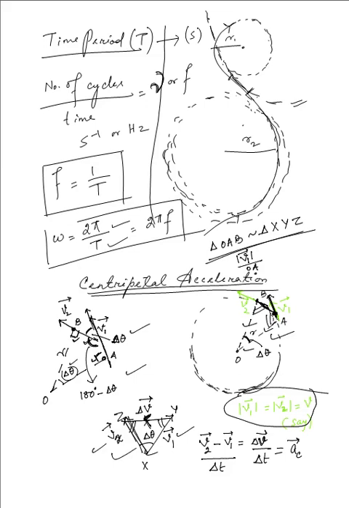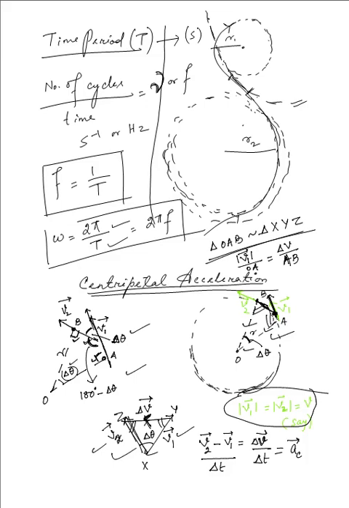V1 by OA is equal to del V, which is the XY side, divided by AB. AB is the arc length, which is more or less a straight line.